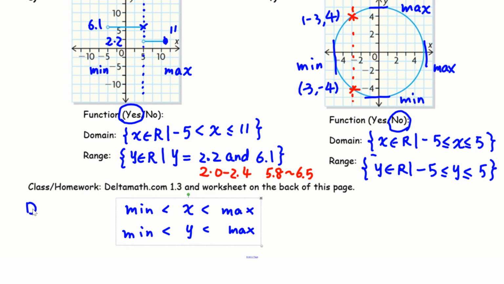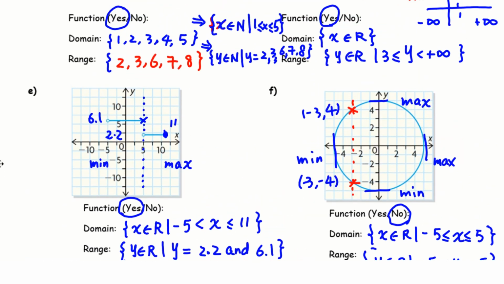So x is for domain, y is for range, and set notation is x belongs to all real numbers such that the inequality here, and y belongs to all real numbers such that the inequality between. So that is for this lesson, how to determine the domain and the range from a graph or from a set of data. So thanks for watching.